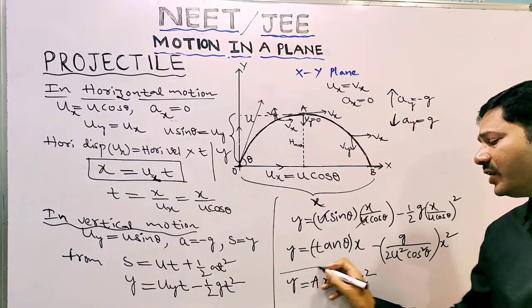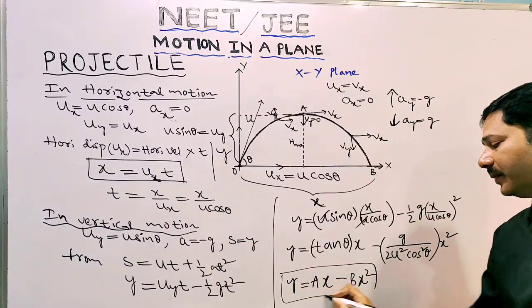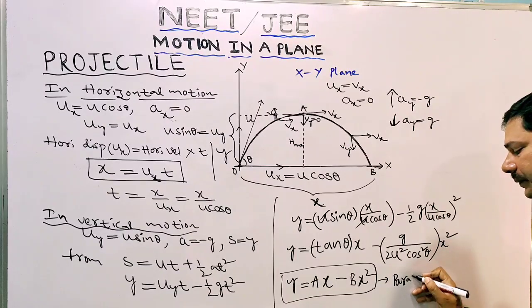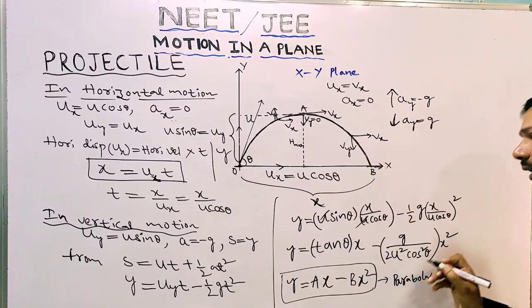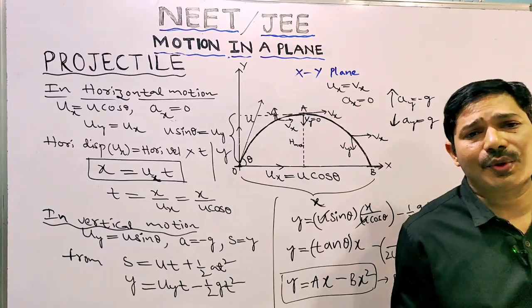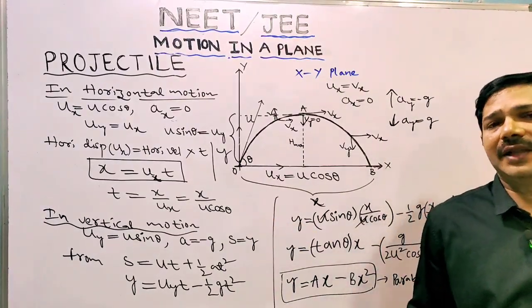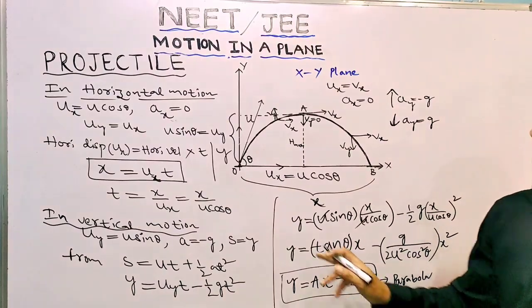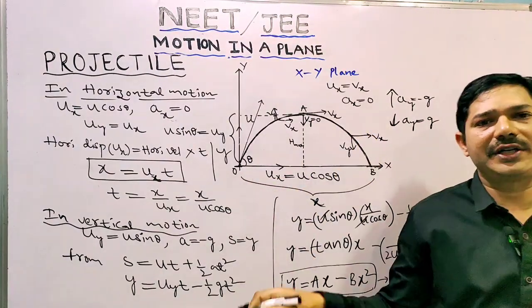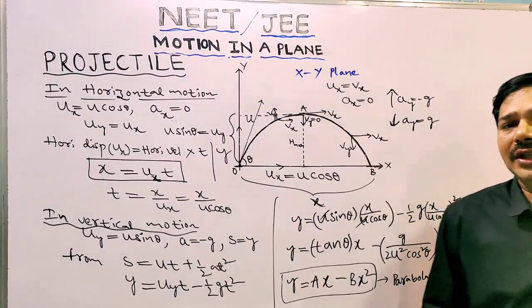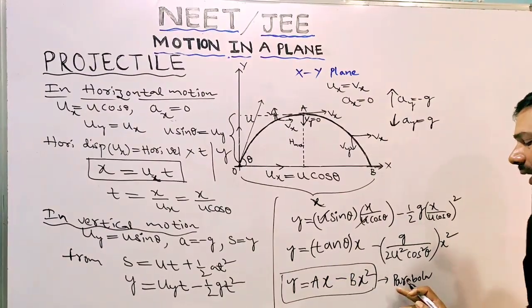This equation represents a parabola equation. Therefore the path of the projectile, the equation of trajectory, is what? Parabola. So this body is called projectile, the equation is called what? Trajectory. Therefore the path of the projectile is a parabola.